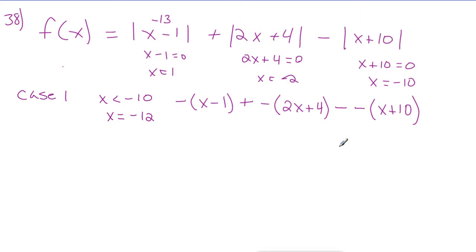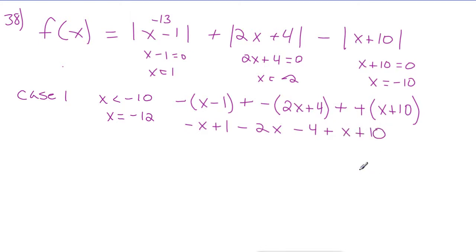In this case, now I just need to expand all this. If I distribute this out, we're going to get negative x plus 1, and then minus 2x minus 4. This is going to become a plus, so we're just left with plus x plus 10.